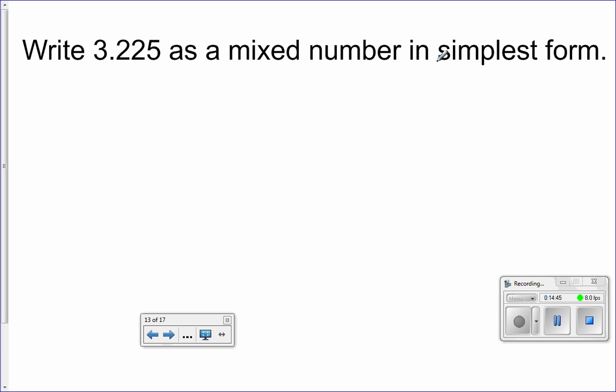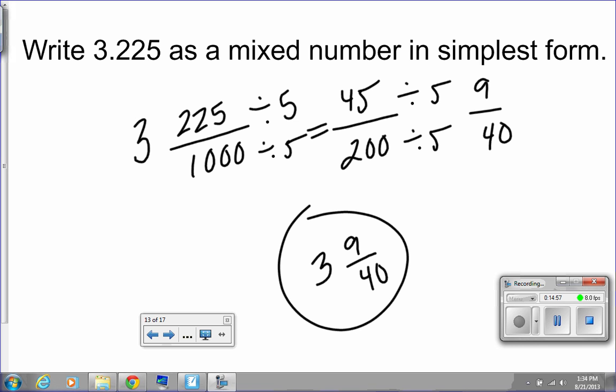Go ahead and try this one on your own. So again, hit the pause button and hit play when you're ready. So using your calculator, you should have first written that 3 is the whole number, 225 thousandths, there's 3 decimal places, so we know it's 1,000.